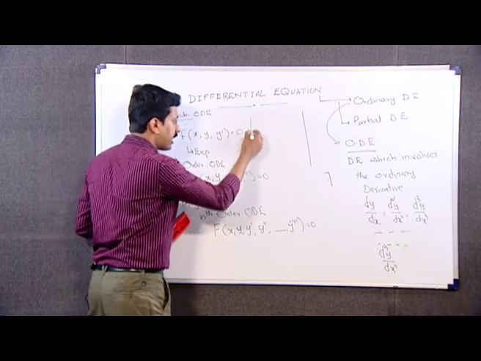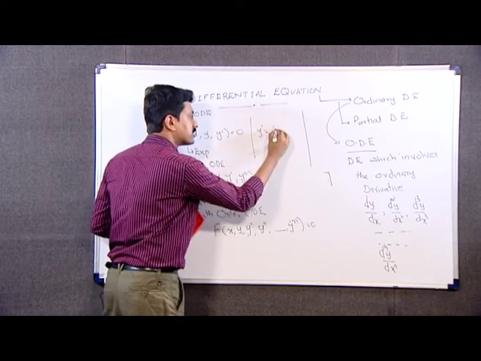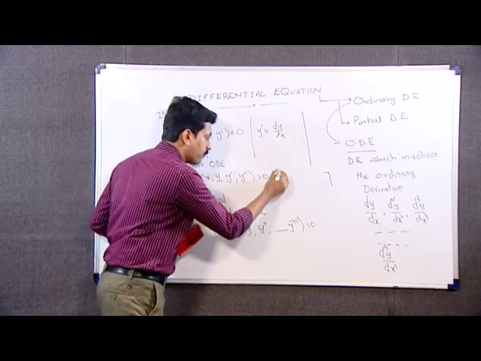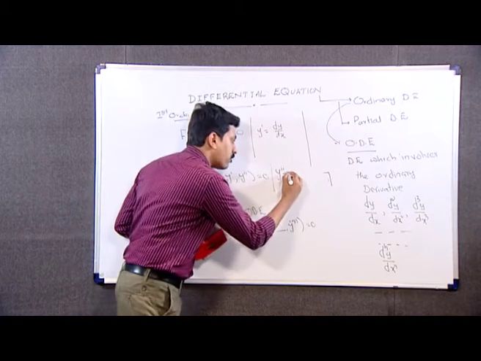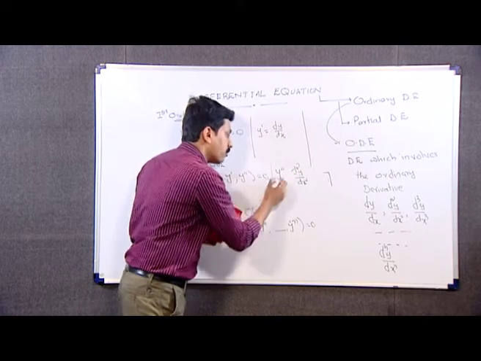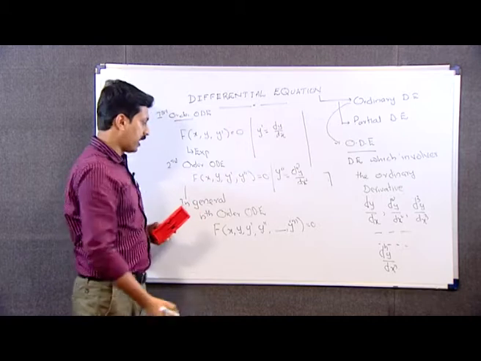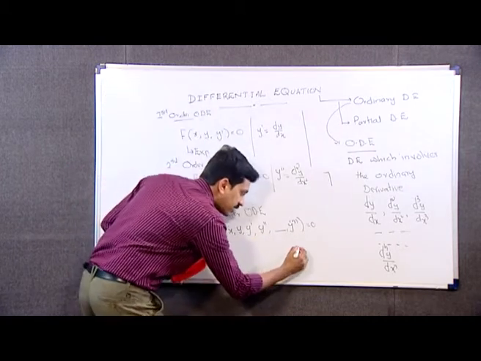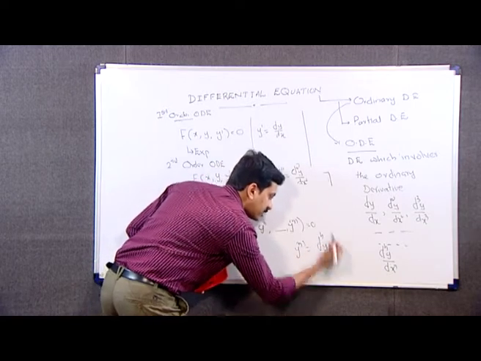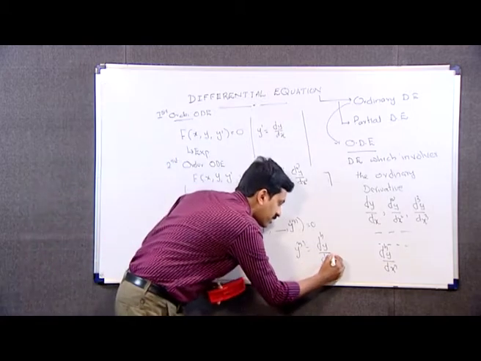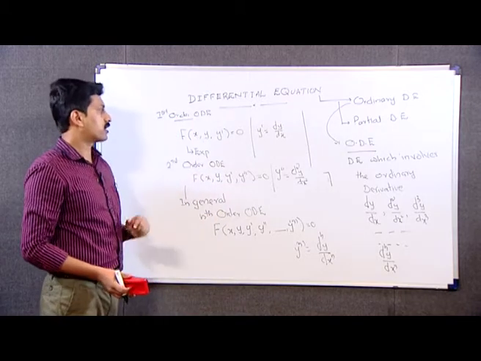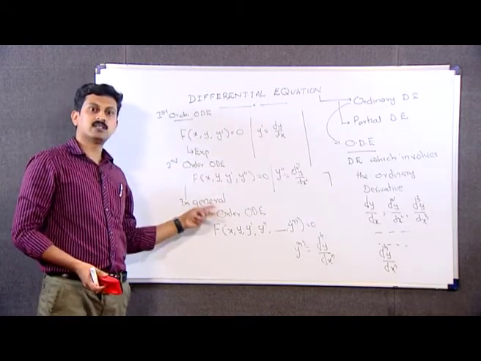Here y dash stands for dy by dx, y double dash stands for d square y by dx square, and y n is d raised to n y by dx raised to n, the nth derivative of the function y. This is how we generally represent a differential equation.